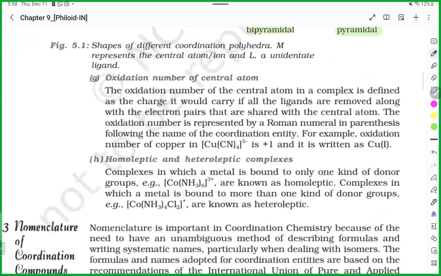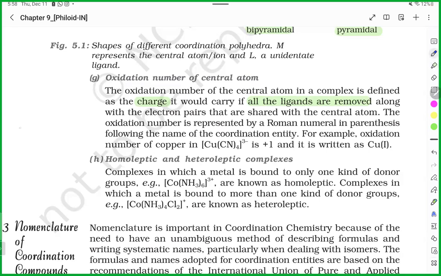The simplest way to calculate the oxidation number is the charge you get if you remove all the ligands. It is the same as in the redox chapter.